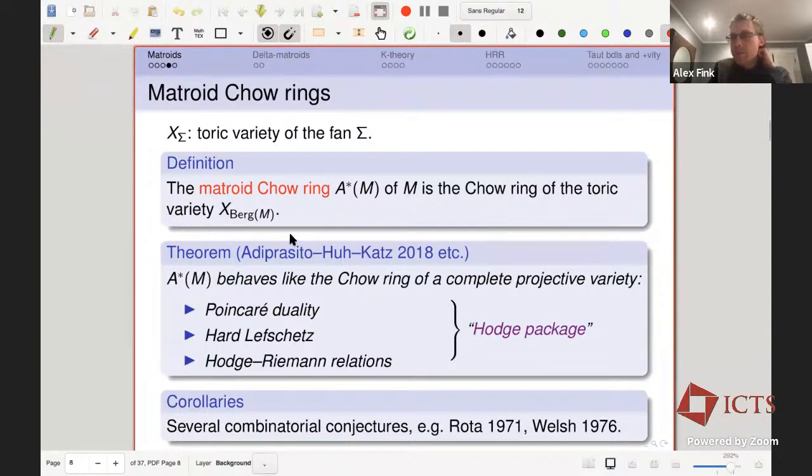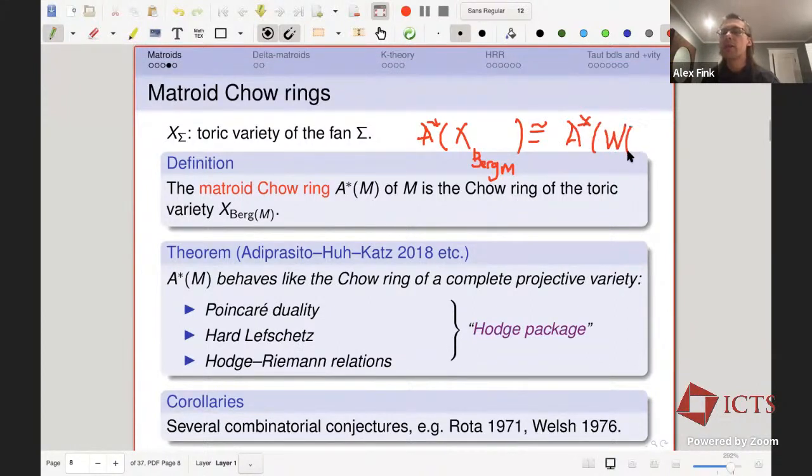Yes, the toric variety I have defined is not projective. And so even the realizable case of this theorem is using a fact I didn't say here, which is that if M is representable, then there is a Chow equivalence between this Chow ring of the Bergman fan and a variety that is non-toric but is projective, the wonderful compactification associated to the linear space V that it comes from.